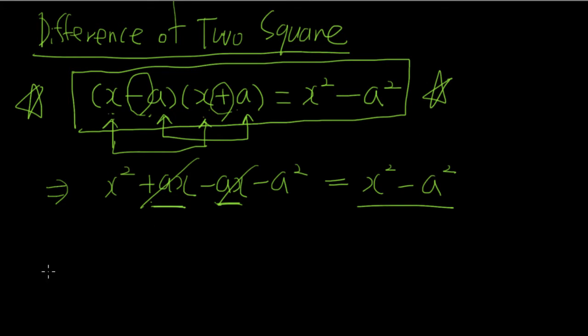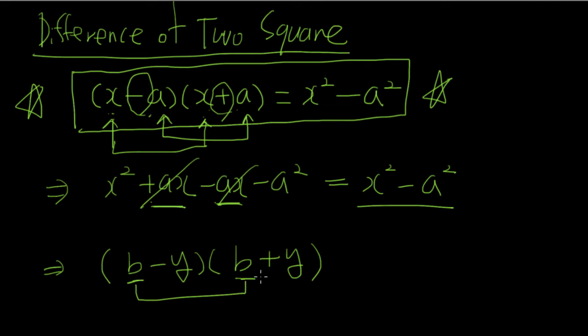In other words, let's say you have b minus y and b plus y. Do we have the same first term? Yes, we do. Do we have the same second terms? Yes, we do. Do we have one minus and one plus? Yes, we do.